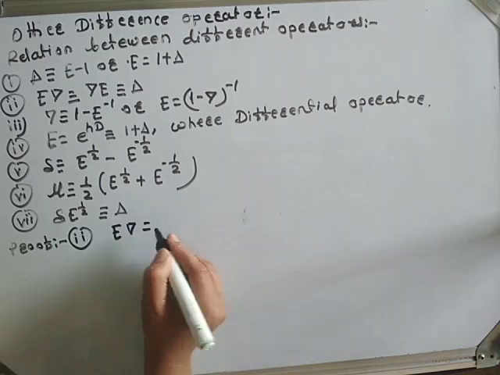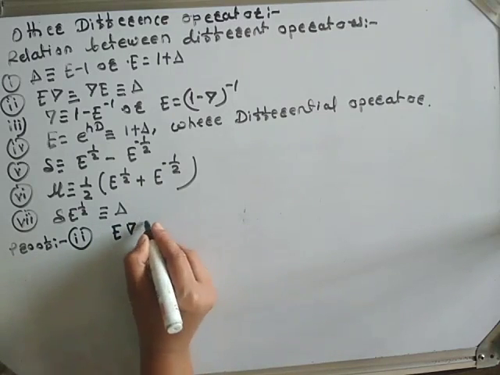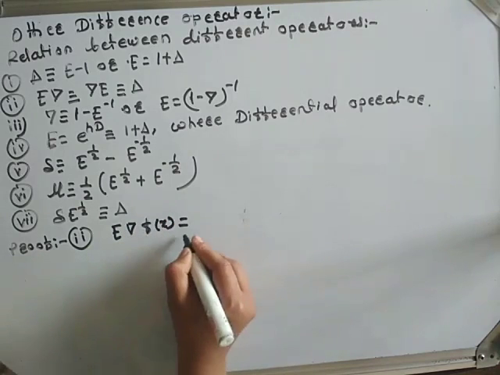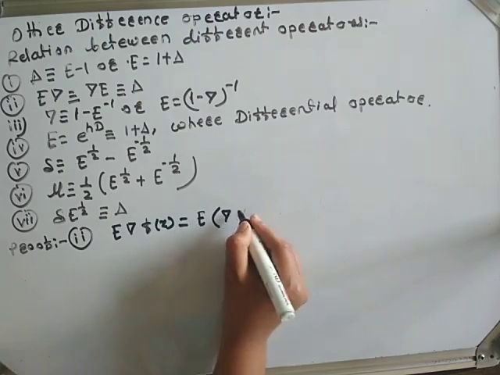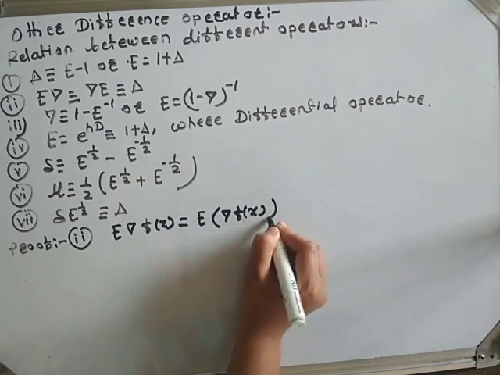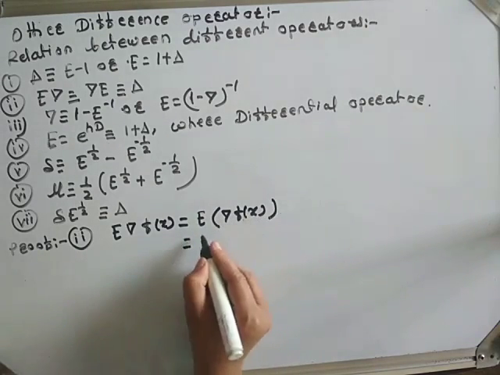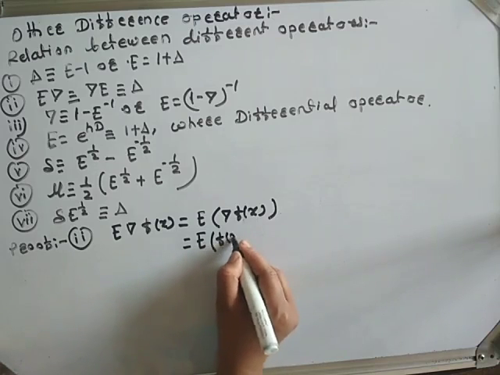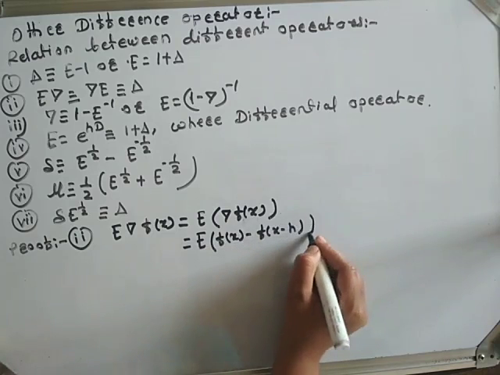E of del, here we operate E of del on f of x, we get E of del of f of x, which is E of (f of x minus f of x minus h).